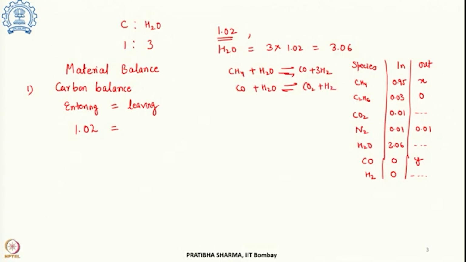First is the unreacted methane, so this is what arises from the methane side, X. Then ethane is completely consumed, so 0 for ethane.